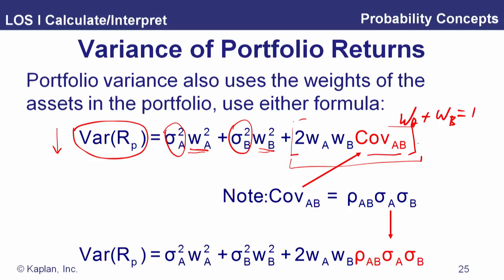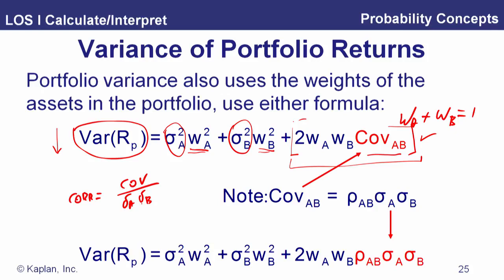Now, you may have occasion to use it in this form, but we'll also see this equation in another form. The other form is we substitute in for the covariance. Well, remember, we had correlation equals the covariance over sigma A, sigma B. So this is the covariance AB and the correlation AB.